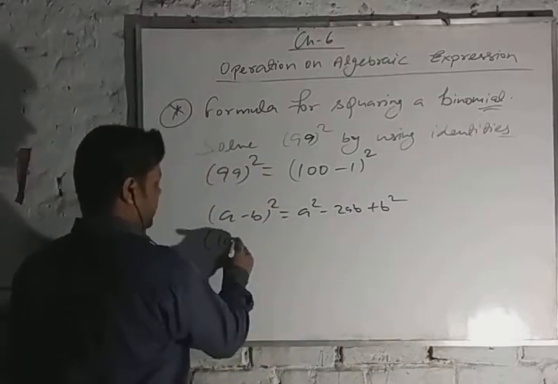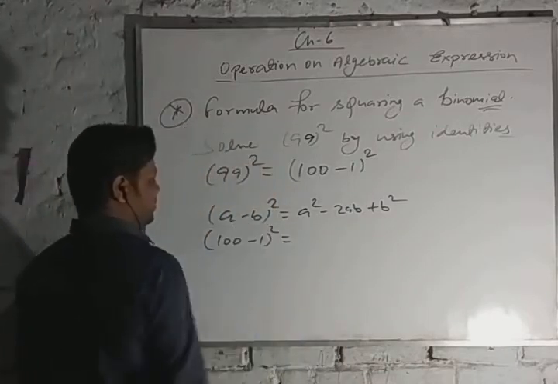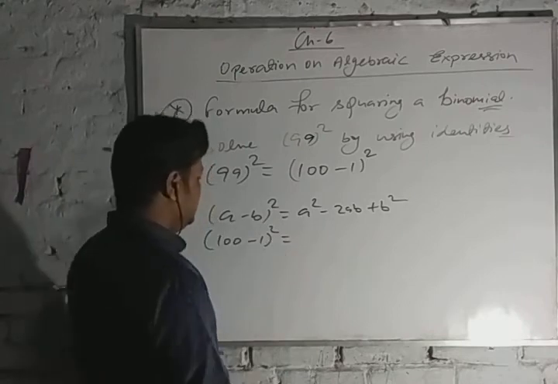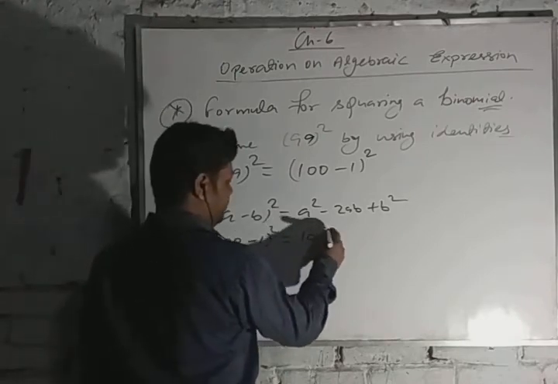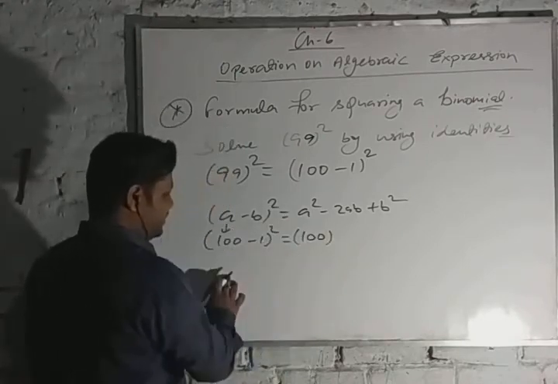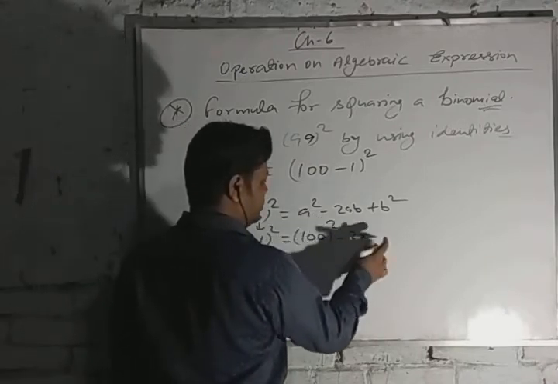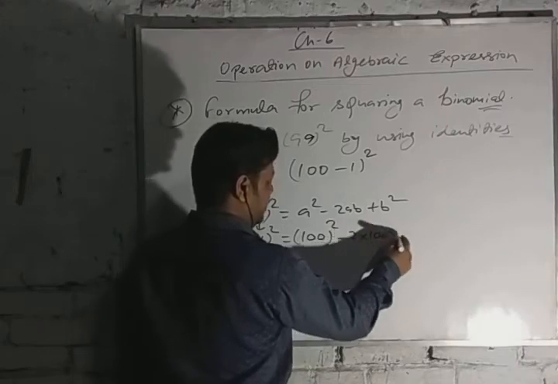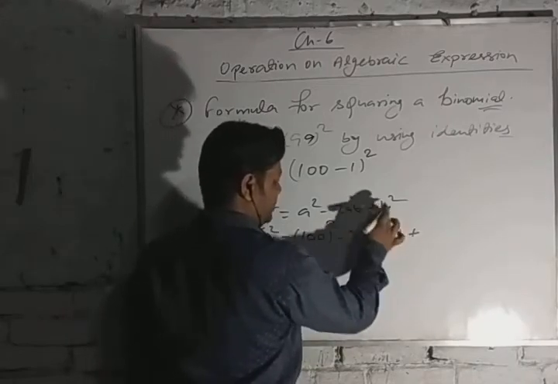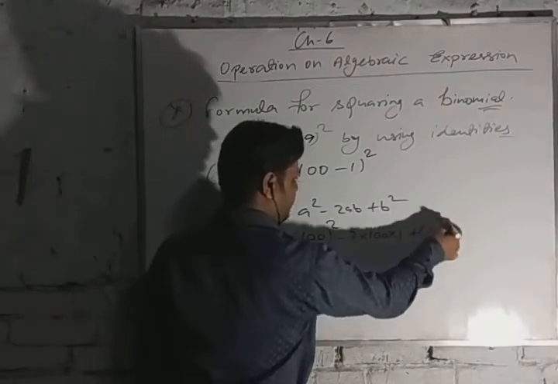Now 100 minus 1 to the power 2 is equal to, here A means the value 100. The value of A is 100 and the value of B is only 1. So 100 square minus 2 into A, 100, into B, 1, plus B square, that is 1 the whole square.